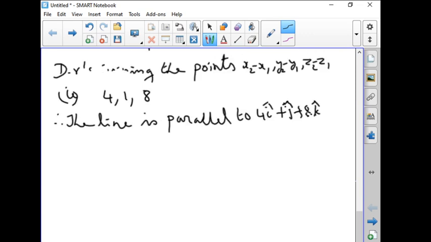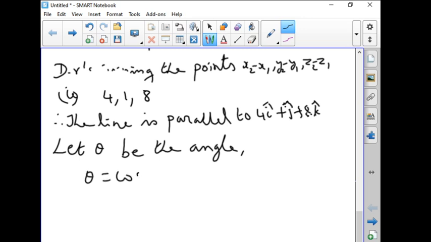Now let theta be the angle. Then we have theta is equal to cos inverse of modulus of b vector dot d vector by modulus of b vector into modulus of d vector.